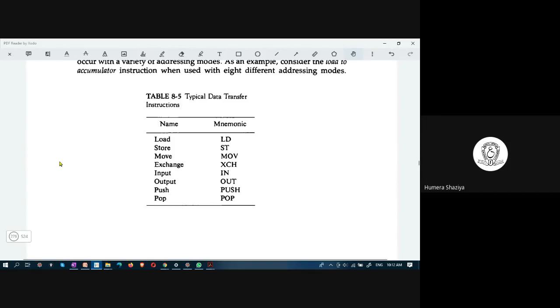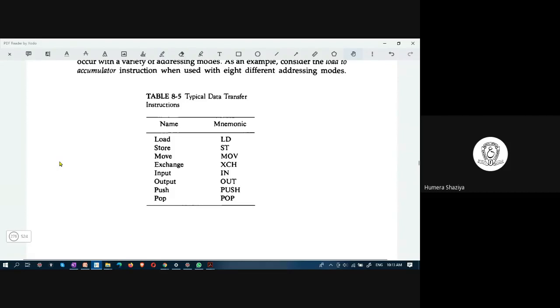Input and output, INOUT. Load, store, move, except exchange. Input, output, push, pop. Exchange is occurring here for the first time. XCH. Otherwise, with LDA, STA, MOV, INOUT, PUSH, POP, these are data transfer instructions.